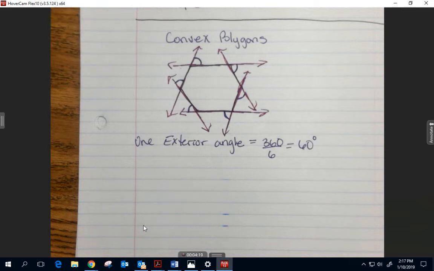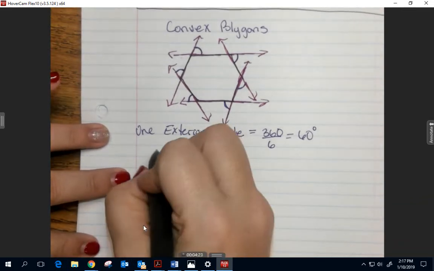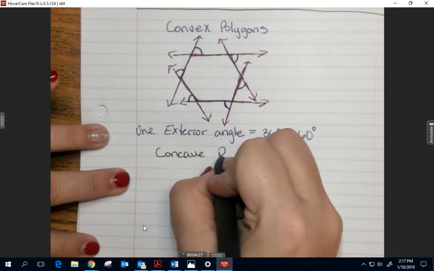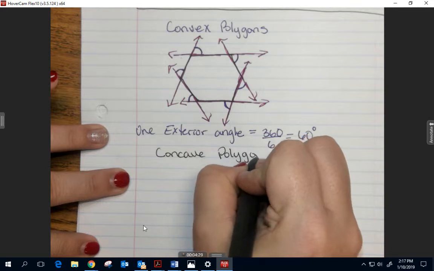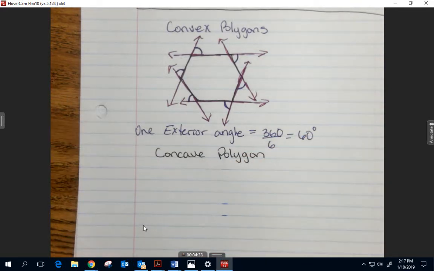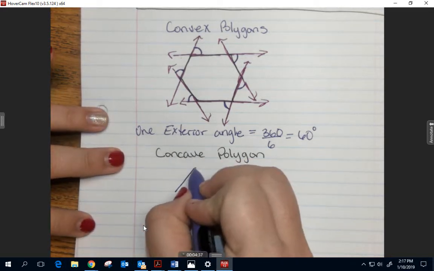The next one we're going to look at is a concave. Okay, so a concave polygon, excuse me, can look like so.